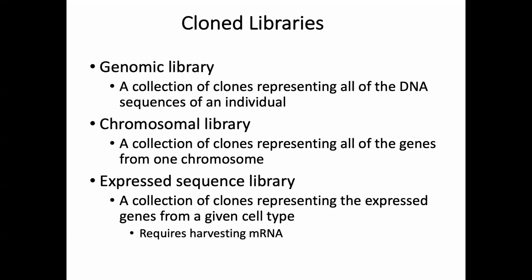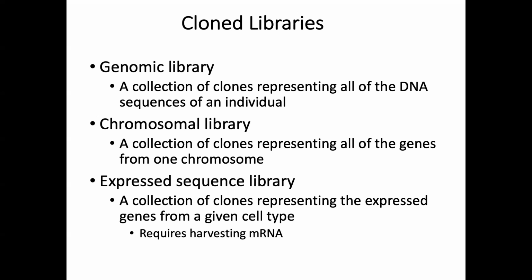In this case, mRNA is isolated, and then cDNA is made by reverse transcription, okay? Because you cannot clone mRNA into a DNA plasmid vector. So you have to reverse transcribe it first and then clone the cDNA. These cDNA fragments are cloned into plasmid vectors, and all these clones form the library, okay? Cloned libraries are useful for many research purposes. Genomic sequencing and genetic screening are the major applications.